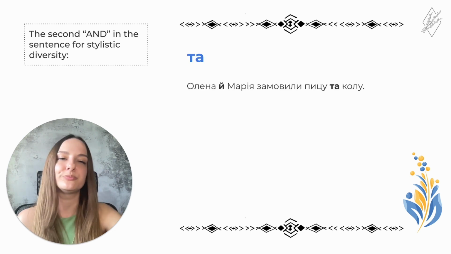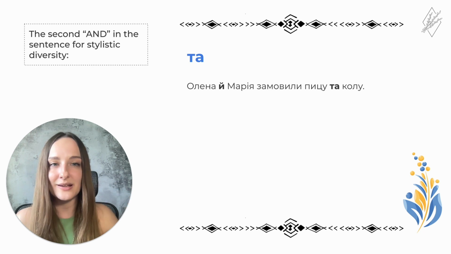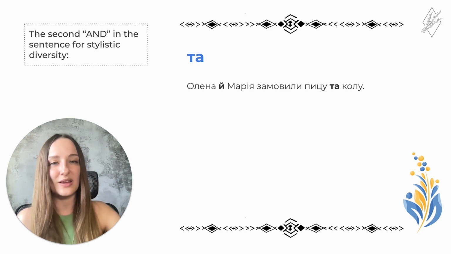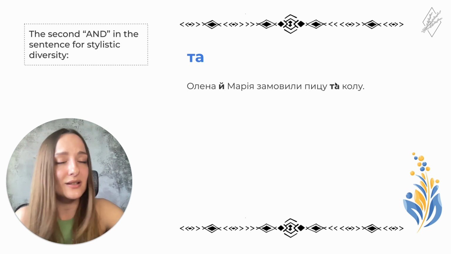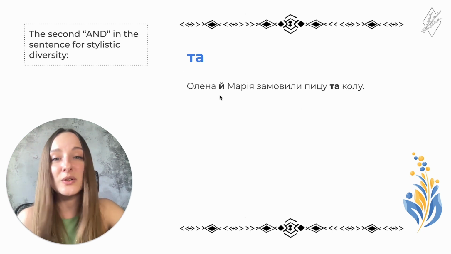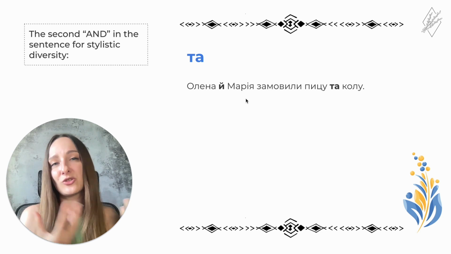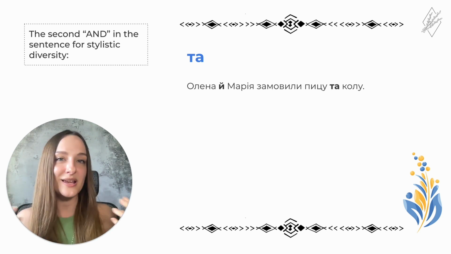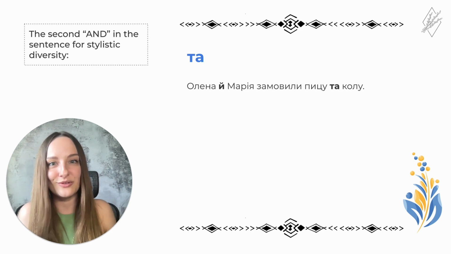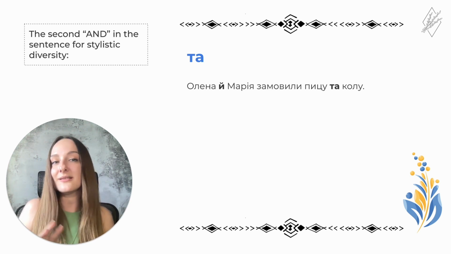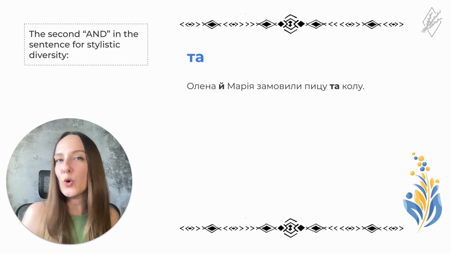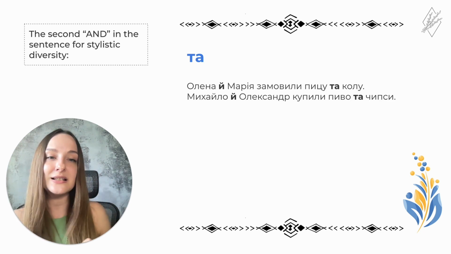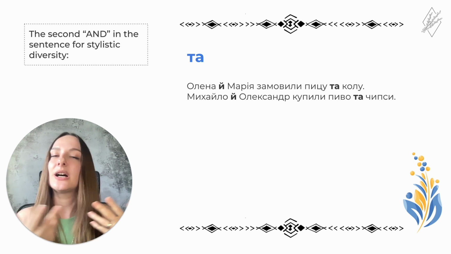For example, Олена й Марія замовили піцу та колу. Basically, here we have and here we have and. But we don't repeat the same conjunction, we use two different, and then our phrase sounds more beautiful. Олена й Марія замовили піцу та колу. Or, Михайло й Олександр купили пиво та чипси.